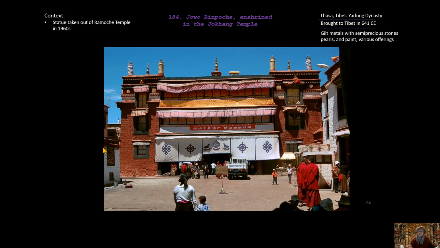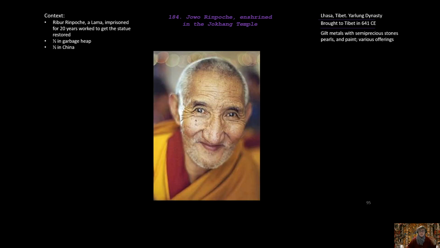And so when the Chinese invaded Tibet, in the 1959, in the 1960s, they removed this statue from this temple. And that caused serious division between those two countries, in addition to invading. And this Lama Rinpoche was imprisoned for 20 years.